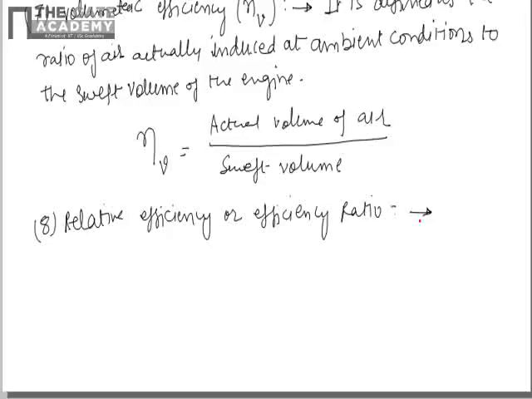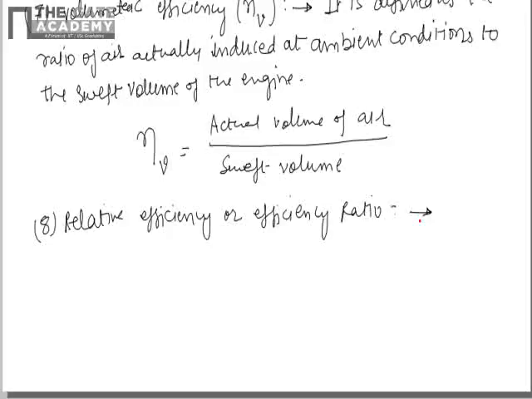Now remember one thing, we will discuss later that the air standard cycles for the IC engines are the Otto cycle, diesel cycle and dual cycle, and these cycles are ideal cycles. But in reality the cycle will be different, because in the ideal cycle we are assuming only air as the working substance and the specific heat is not changing, but in reality the working substance is a mixture of air and fuel, and the specific heat is also varying during the course.